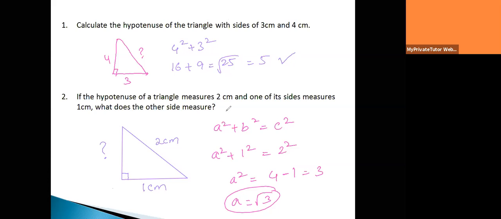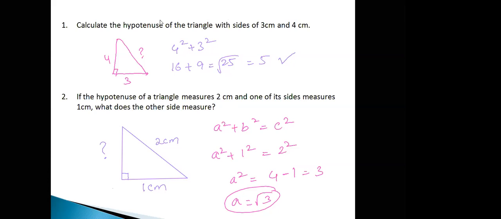Yes, Joseph, we'll get 1.7, but instead of rounding, it's better to keep it as square root 3. Mohammed, do you understand that? Yes, sir. Okay.